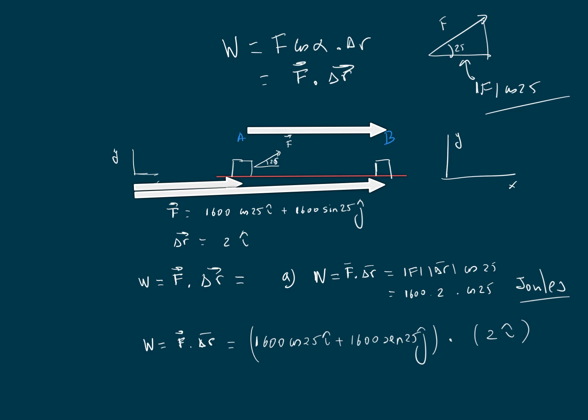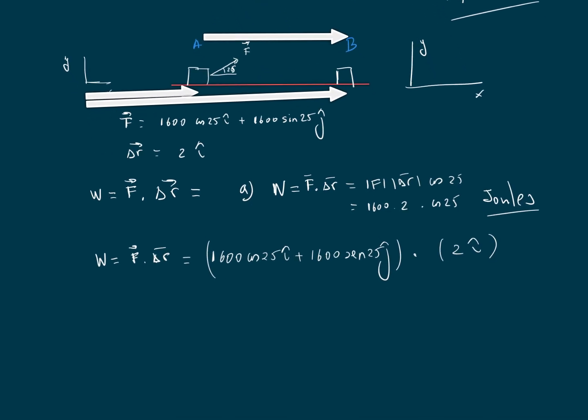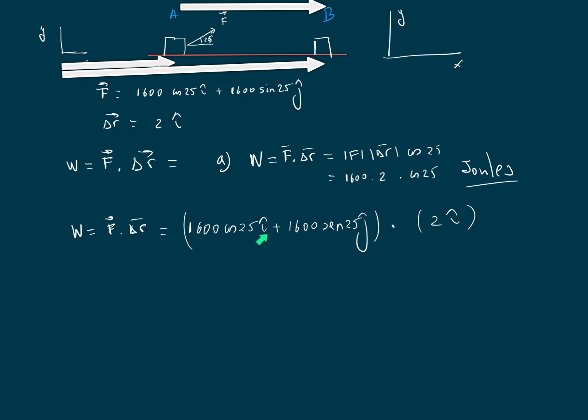The other way to do it is to use the dot product with the vectors. So F dot delta R, doing the dot product, you will arrive at the same result because i dot i is 1 and j dot i is 0.